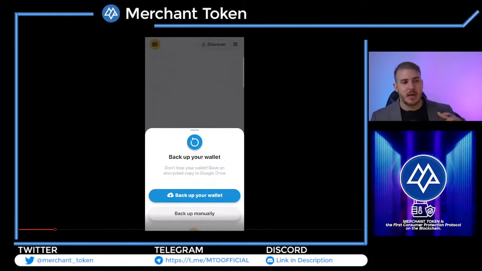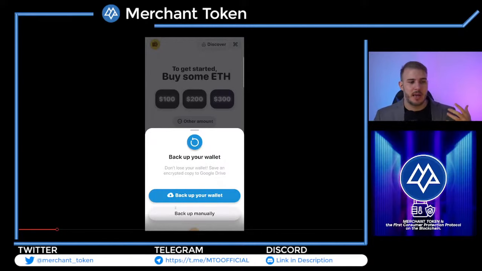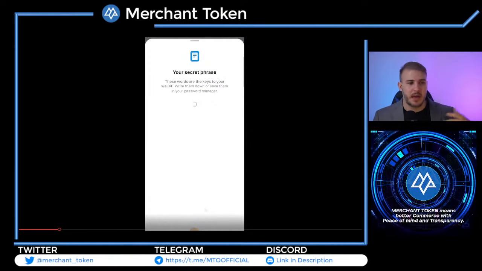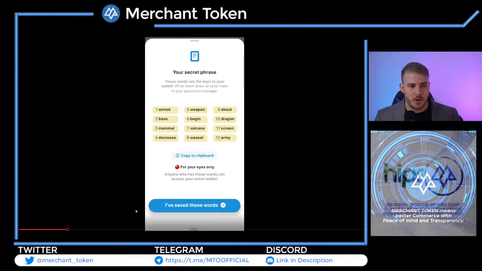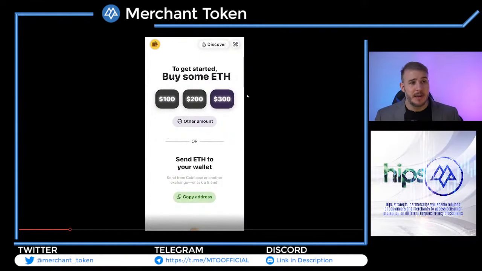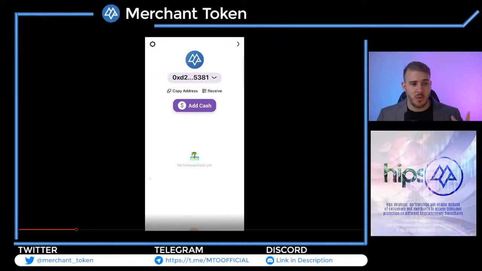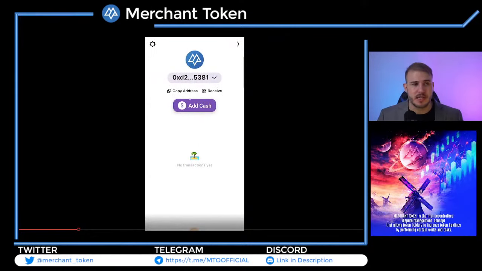So you can see here, you can back up your wallet. You can either back up your wallet from the cloud or back it up manually. You can create it here with the secret phrase. You can create a new wallet or back it up as you prefer. And you have different options that you can see here as well. You can go to the wallet itself and it will tell you all the transactions that you have, and here you have the wallet address.